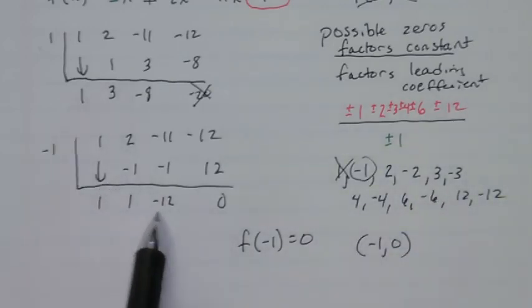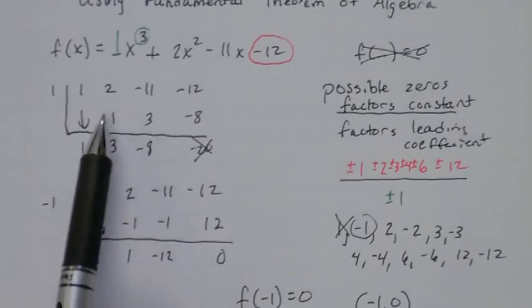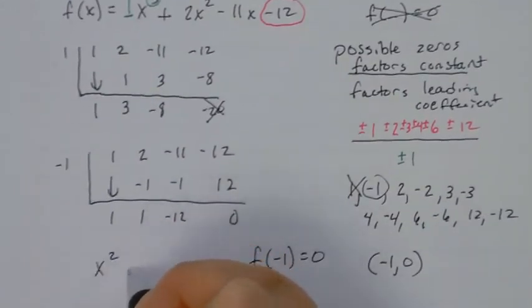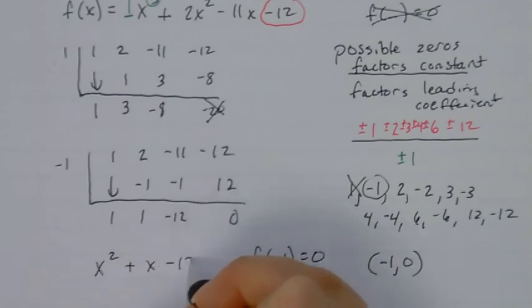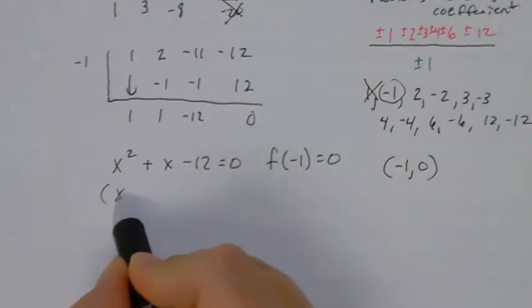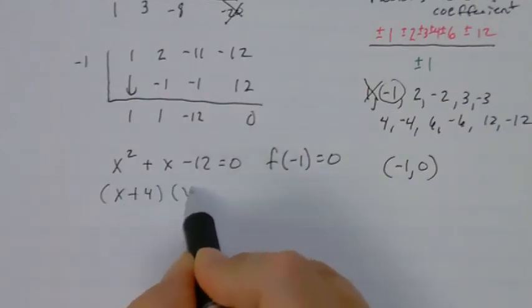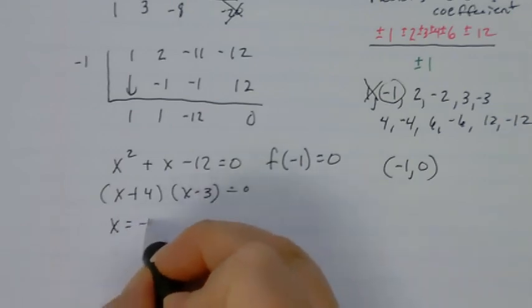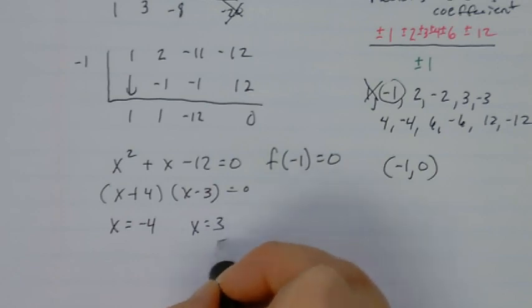Once I get to this point, since I started with an x cubed problem, my answer is x squared plus x minus 12 equals 0. So now I can factor to find the other zeros. x plus 4, x minus 3 equals 0. So x is negative 4 and x is positive 3.